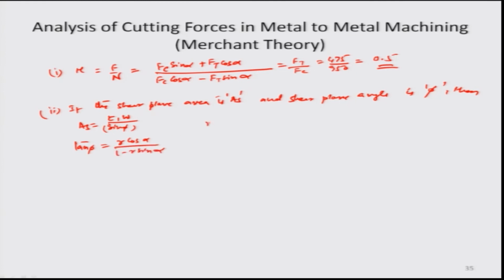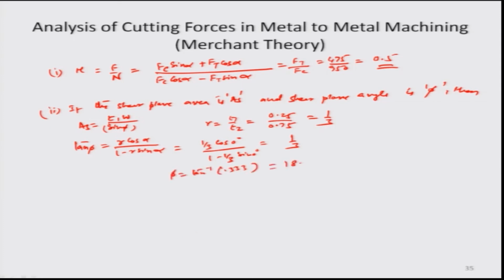In this case, r can be calculated to be a third, so T1 by T2, which is 0.25 by 0.75 as defined in the problem, 1/3. So, tan phi becomes equal to 1/3 cos of 0 degrees divided by 1 minus 1 by 3 sine of 0 degrees. So, it is basically 1/3. So, phi becomes equal to the tan inverse of 0.333, which is 18.4 degrees.